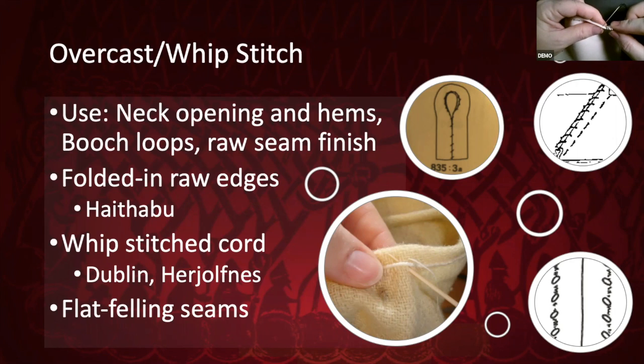You can go a little smaller, you can go a little bigger. In from the back, out the front. So just going around and around in a little circle around that edge. In from the back, out the front.